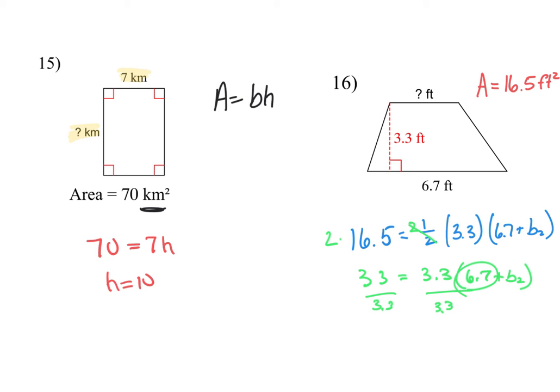You're just going to be missing one of the variables within the formula itself. So when you're missing one of the variables within the formula itself, then you want to back solve into it.